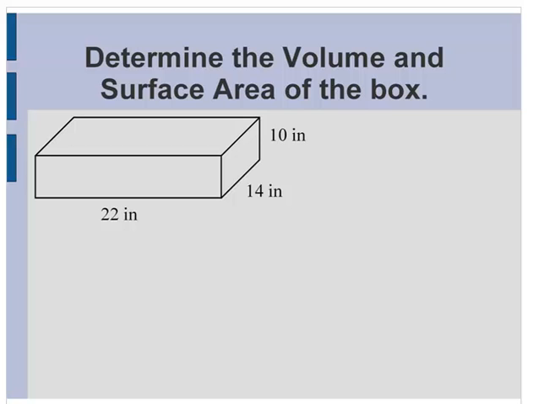Determine the volume and surface area of the box. Alright, so first the volume. The volume is a measure of the three-dimensional space occupied by the box. And the volume of a box, a rectangular solid, is known to be length times width times height. So we would have 22 by 14 by 10.